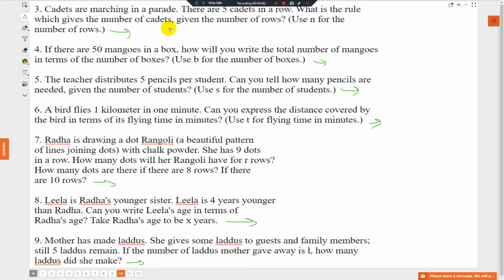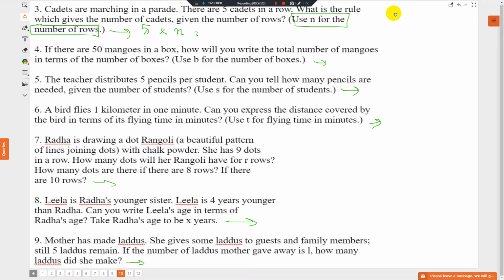So what is the rule for the total number of cadets in all the rows in a parade? They have an instruction that use n for the number of rows. There are 5 cadets in a row, so we multiply 5 into n.